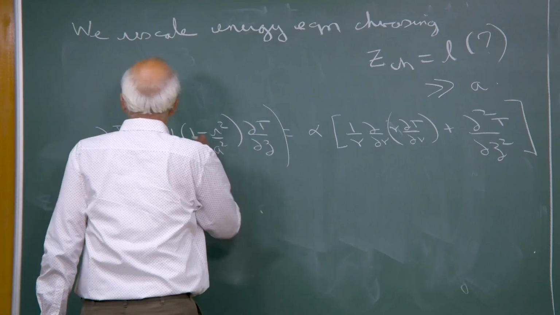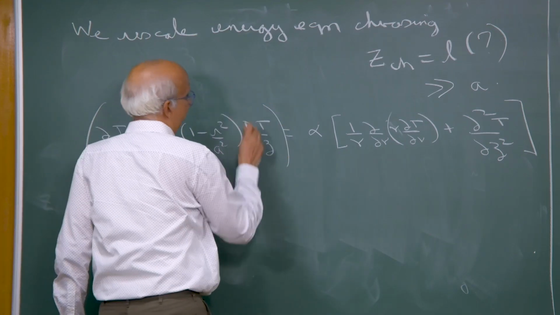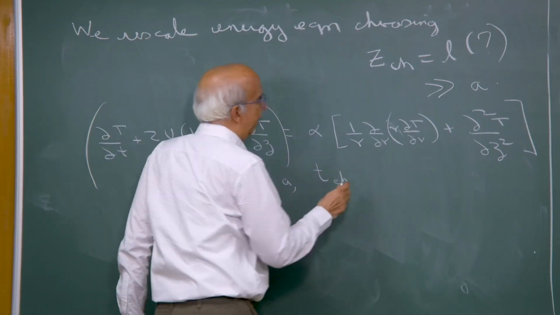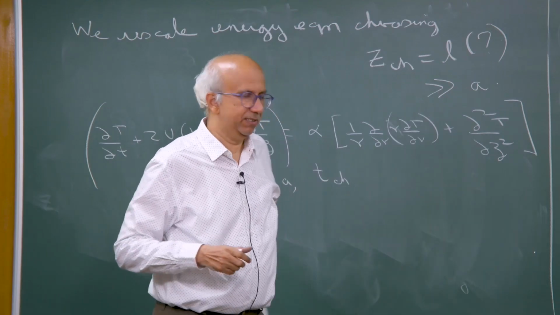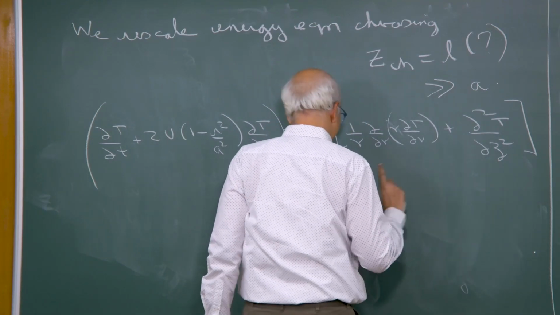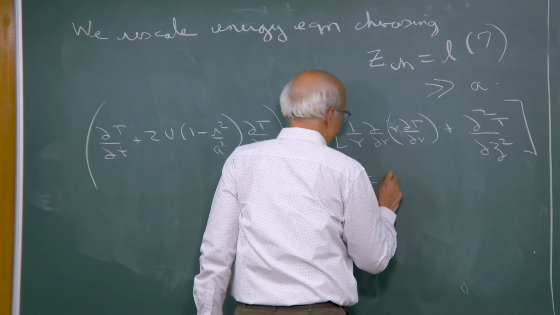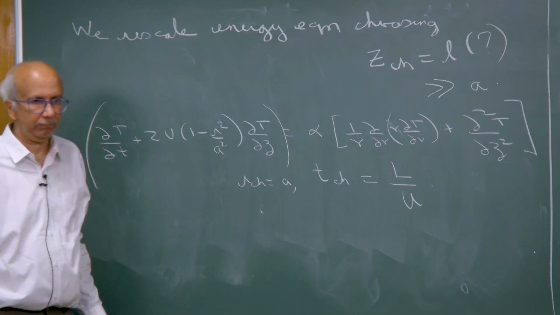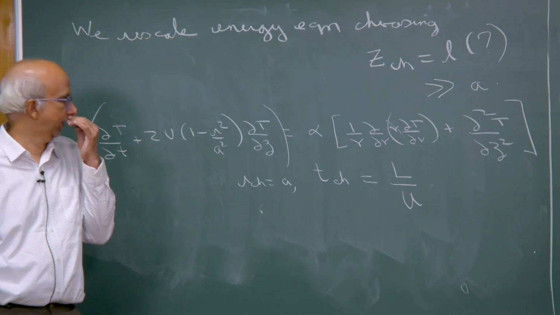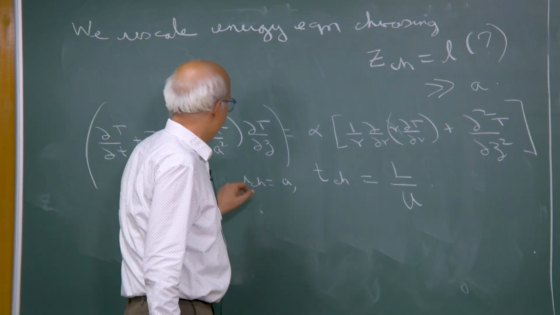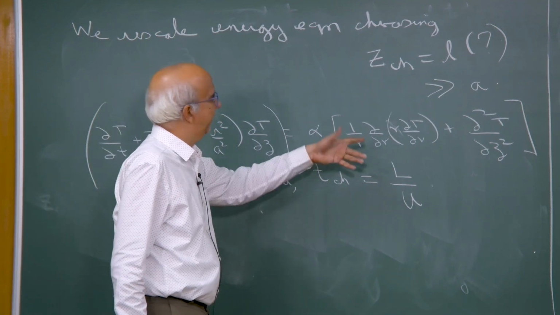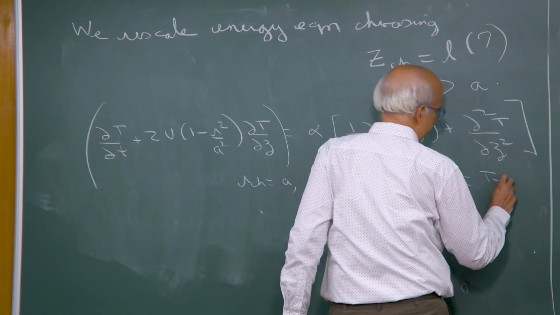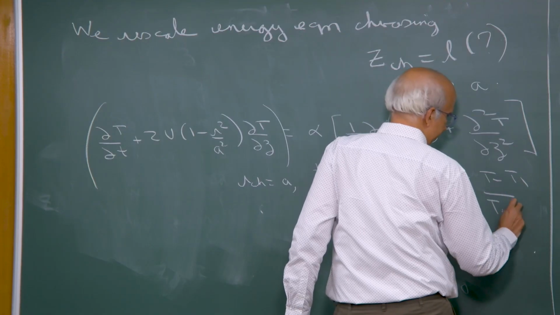Now, the R characteristic is A, and because I am looking at long distances, I am going to choose the T characteristic as not A by u, but L by u. So, T characteristic is L by u, R characteristic is A, and theta is again (T minus T1) divided by (T naught minus T1).